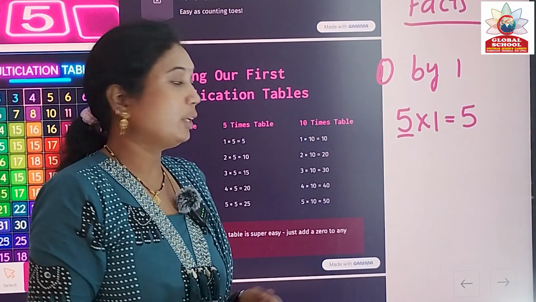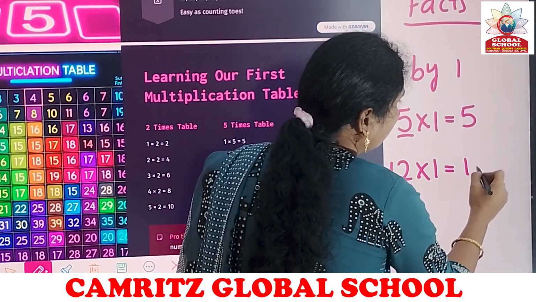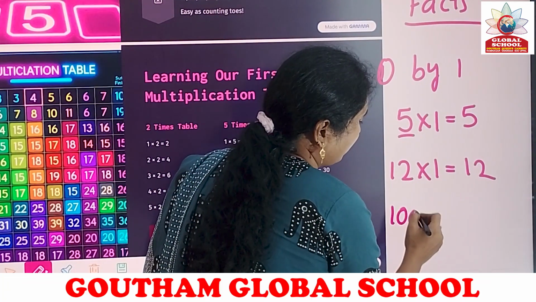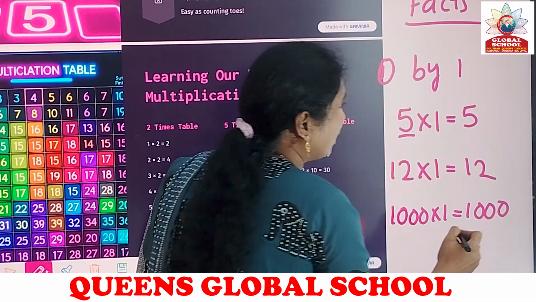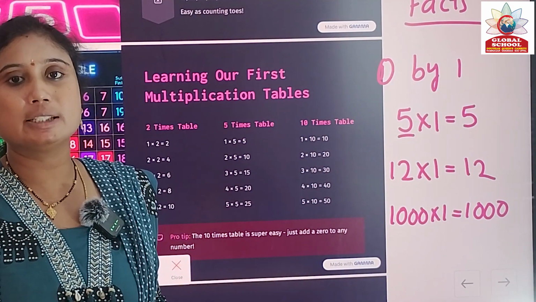If you take a 2-digit number, 12 into 1 is equal to 12. If you take a big number like 1000, 1000 into 1 is equal to 1000. So, if you multiply any number by 1, the answer is the number itself.